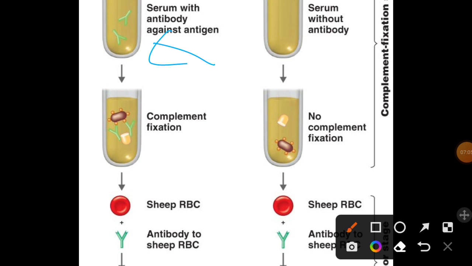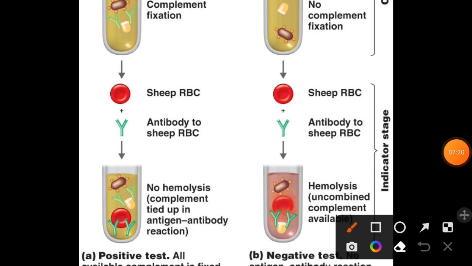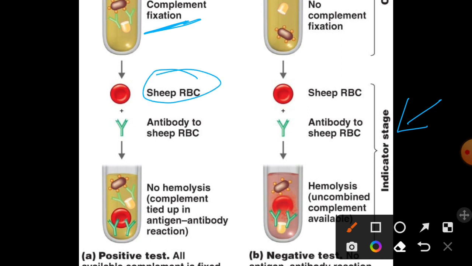We are not capable of visualizing that antibodies are present, but let's say we don't know. So complement fixation has occurred here, but we don't know. Now how can we know? For knowing that complement fixation has occurred, we will do an indicator stage where we will add sheep RBC and antibody which is specific to that sheep RBC.